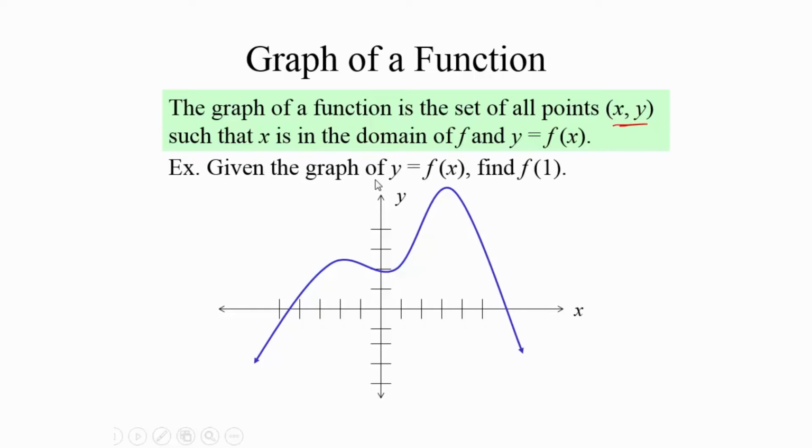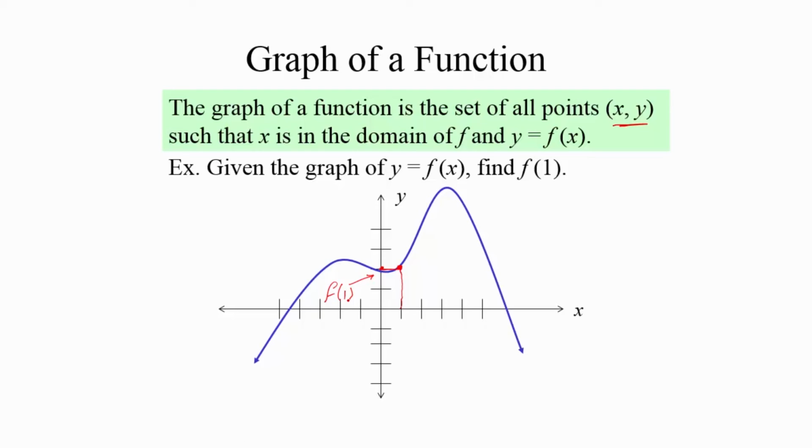So given the graph of y equals f of x, it's just assuming some graph like this, find f of 1. Graphically, it wants you to find f of 1. Well, f of 1 means x is 1, so you come from 1 up, and you come across and read it, right? So f of 1 is right here.